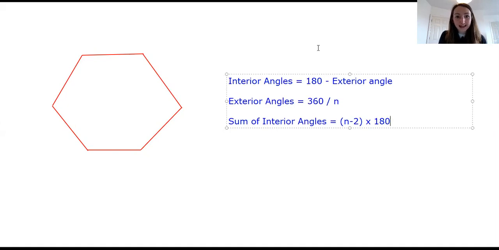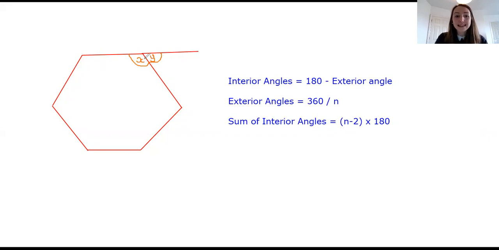Let's start breaking this down. So I have 2 angles here, X and Y. Hopefully you can see them in orange on the screen. The X is my interior angle, that's the angle inside that polygon.